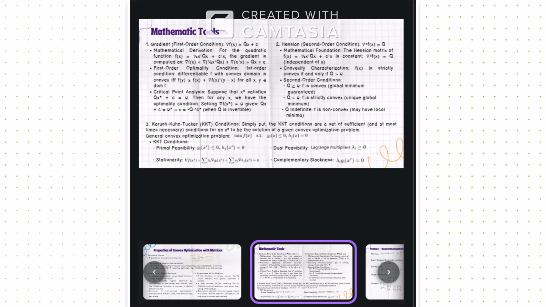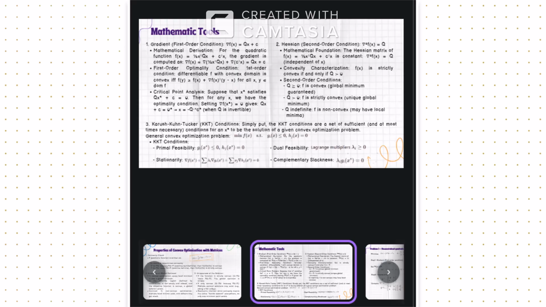Now talking about the Karush-Kuhn-Tucker (KKT) conditions. The KKT conditions are a set of conditions that characterize optimality in constrained optimization. For convex problems, they are both necessary and sufficient for optimality. They consist of four parts.